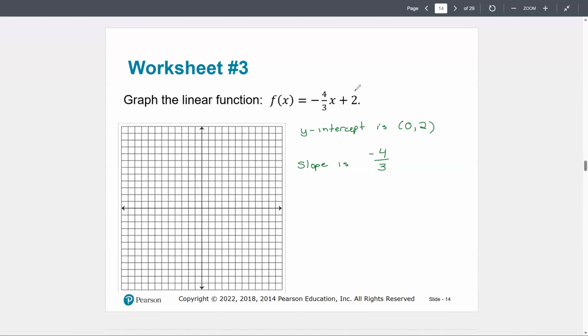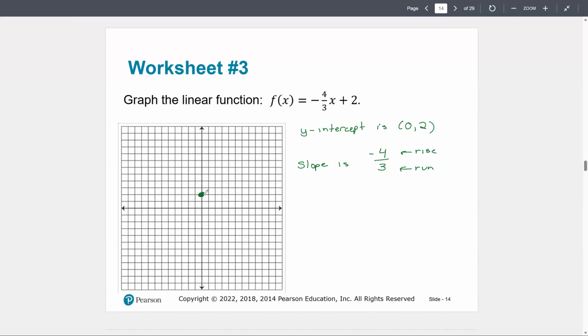So we see our y-intercept is at 2. So it's the point (0, 2), 1, 2. Then our slope, I had the negative out front, so the negative 4/3. So I have -4 over 3. I just stuck the negative on the top because this is my rise and this is my run. So it keeps my run positive.